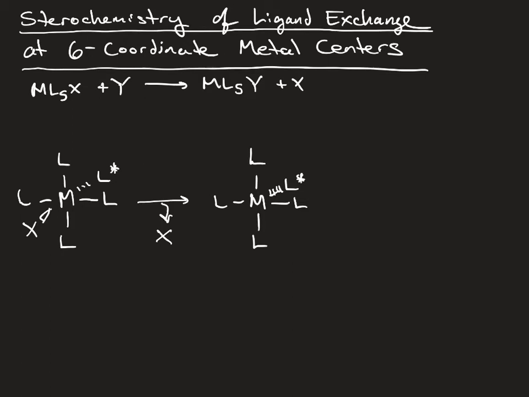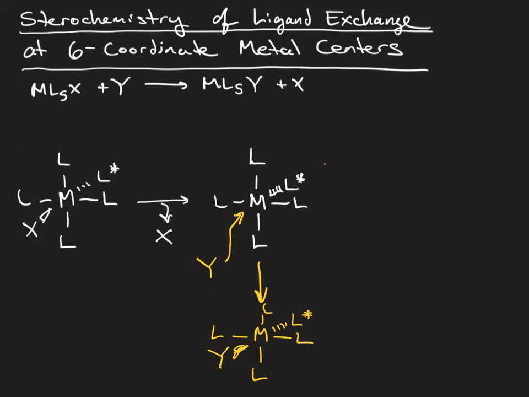If the association of Y is rapid relative to a Berry pseudorotation, then you're going to retain the original stereochemistry, and Y is going to substitute trans to that L star ligand.